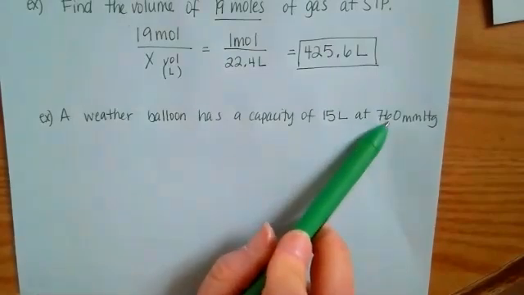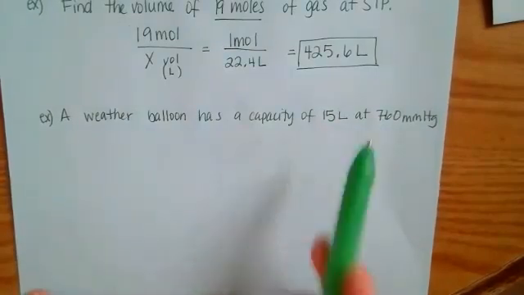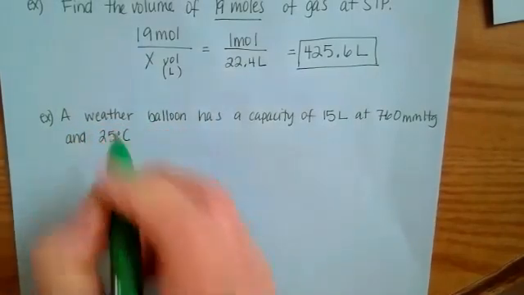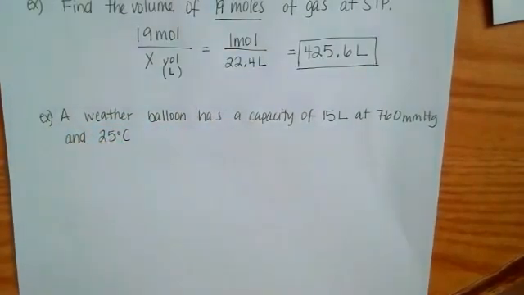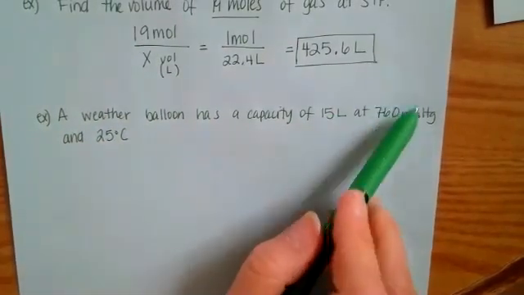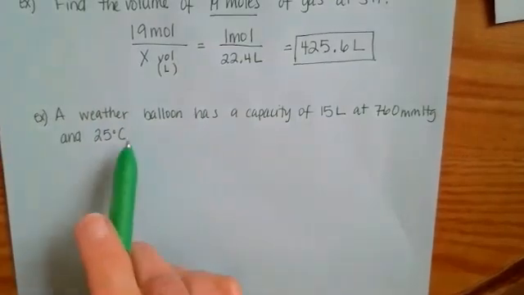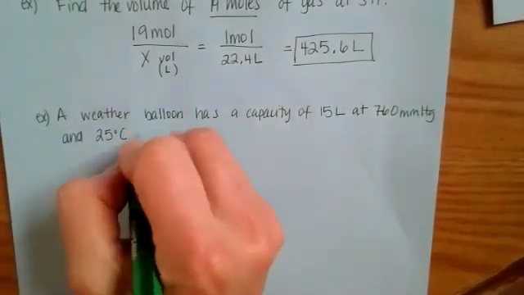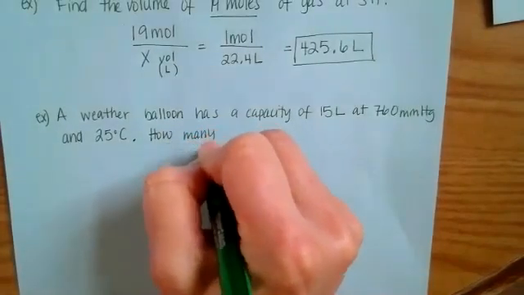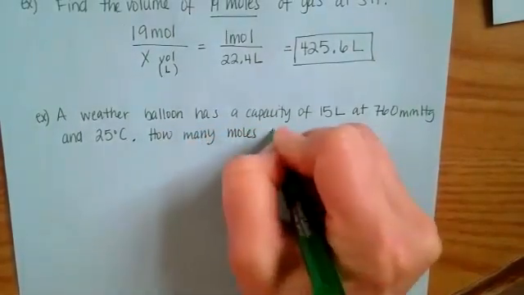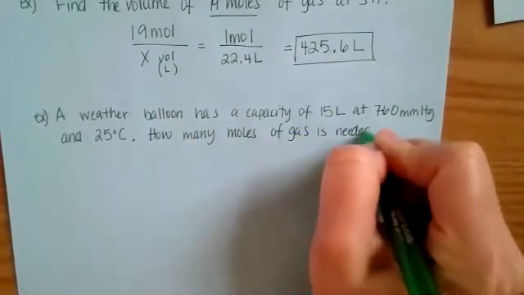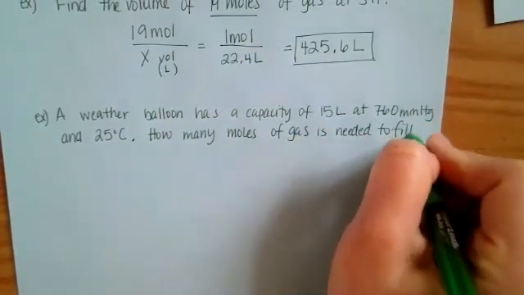So at standard pressure, but I'm using 15 liters and 25 degrees Celsius. This is why I don't state STP, because it's not all at standard conditions. The pressure happens to be, but I'm using a different temperature. How many moles of gas is needed to fill this balloon?